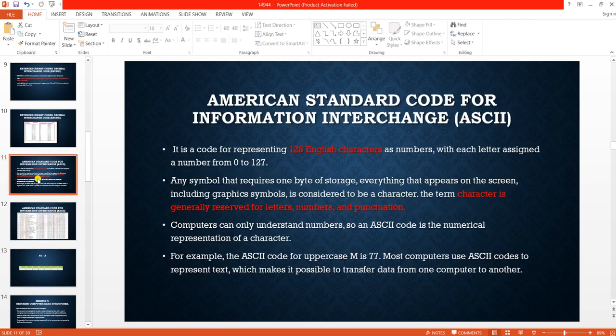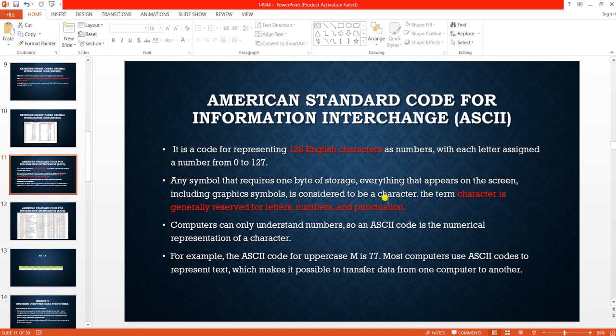Moving back onto slide 11: any symbol that requires 1 byte of storage, everything that appears on the screen, including graphic symbols, is considered to be a character. What do they mean by that? Anything that you simply see on your screen is a representation of a character, whether it is a letter, a number, or a symbol.